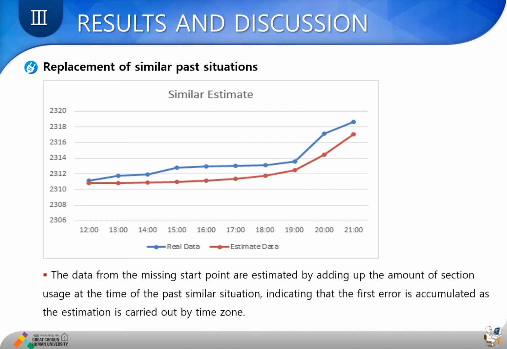The limitation of this method is that the last data of the missing estimation is greater than the first data presented after the missing estimation, resulting in a fatal error of negative value when used for power usage estimation.